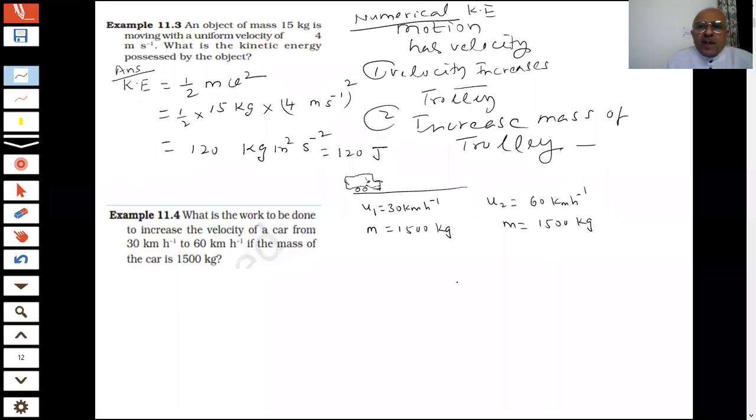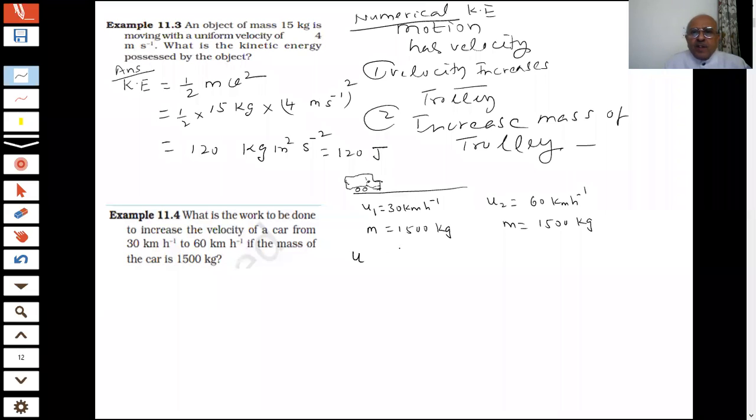So how much work will be done? The work is done due to what? Kinetic energy. First, you have to see the units are kilometers per hour, student.